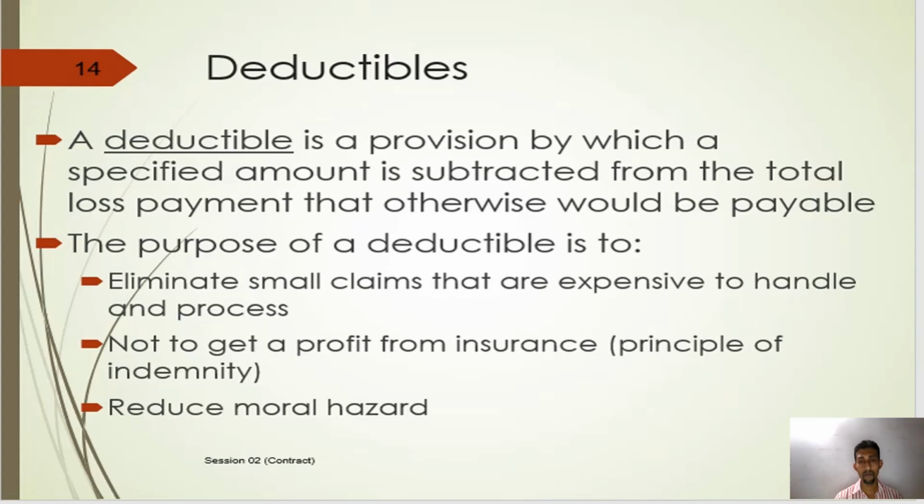So one of the main reasons behind these deductibles is to manage the principle of indemnity. In other words, it will prevent the policyholder from generating a profit from this claim.